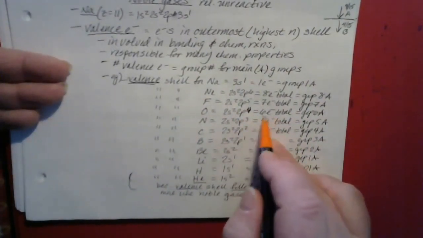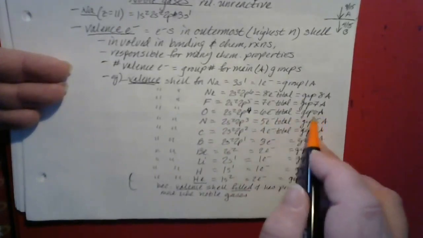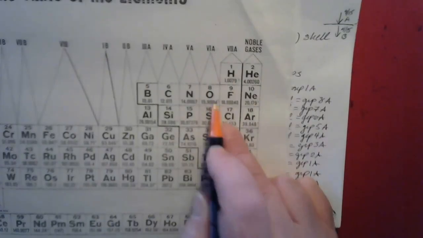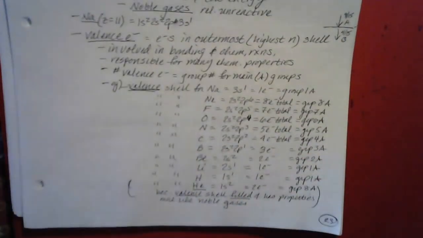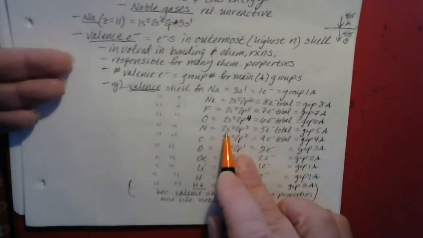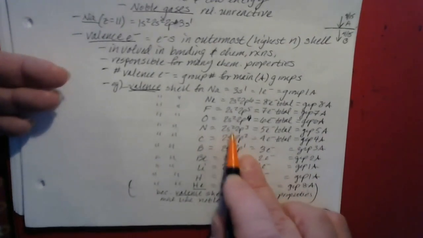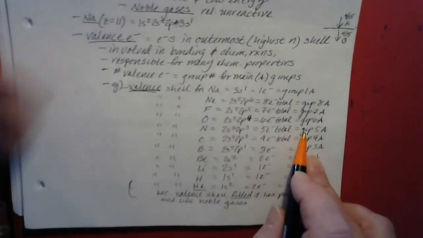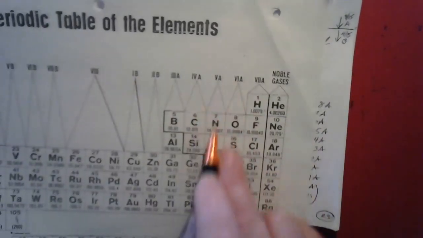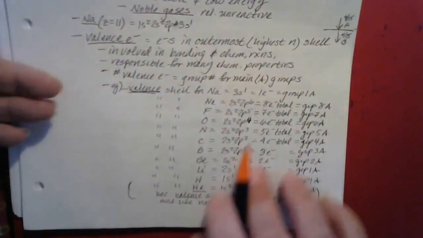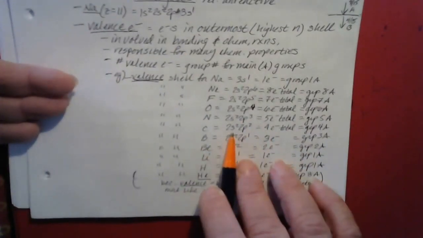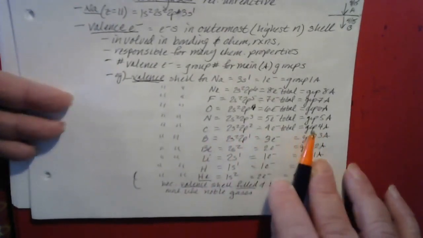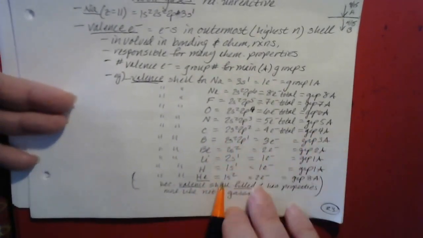And that's a total of 6 electrons in the valence shell, and that's why oxygen is in group 6A. Nitrogen has a valence electron configuration of 2s2, 2p3. That's 5 electrons total in the valence shell, and that's why nitrogen is in group 5A. Carbon, 2s2, 2p2, that's 2 plus 2 or 4 valence electrons. Carbon's in group 4A, and so on down the line.